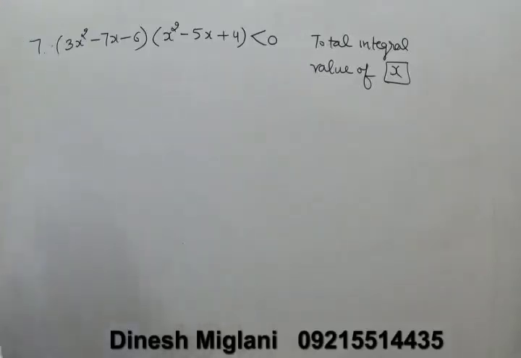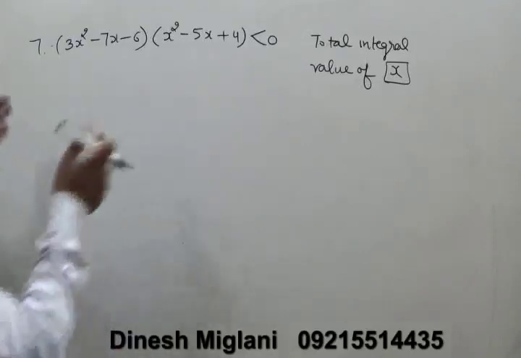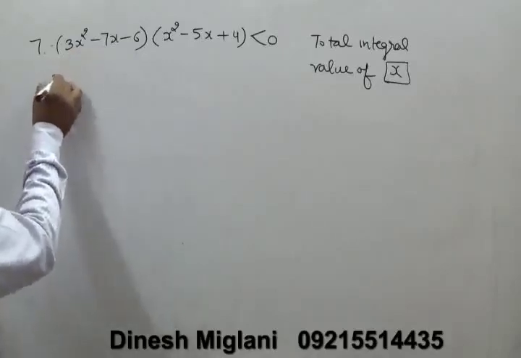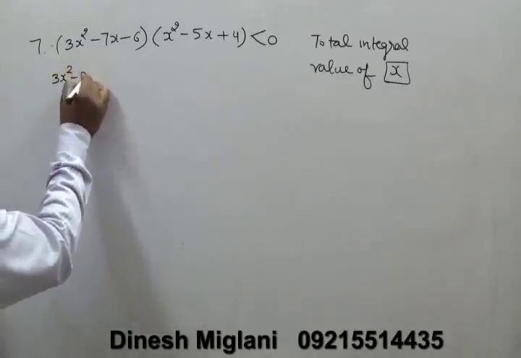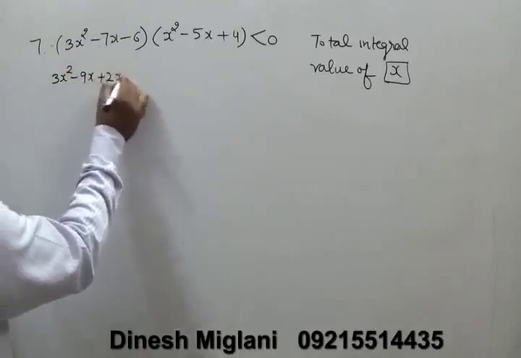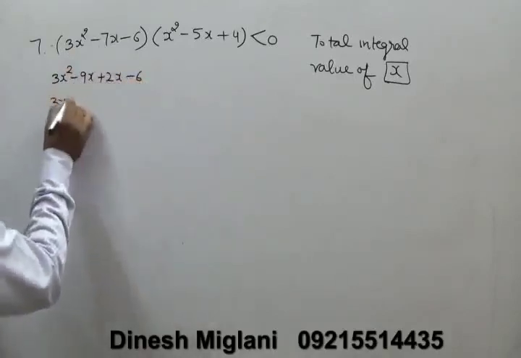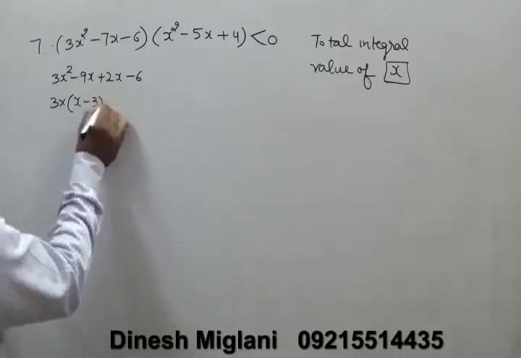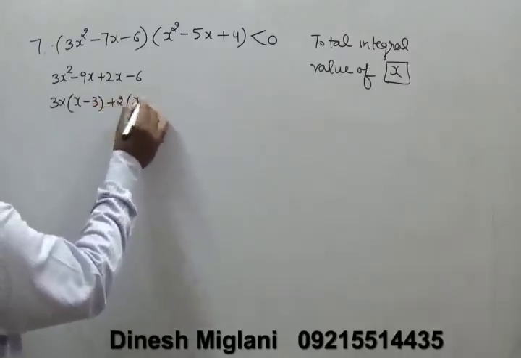That's our statement, right? Now for answering our question, the first step is we have to solve the intervals, means we have to apply the Wavy Curve method. We have to factorize it. So I make it as 3x² − 9x + 2x − 6, take 3x as common, make it x − 3, 2 as common, make it x − 3.